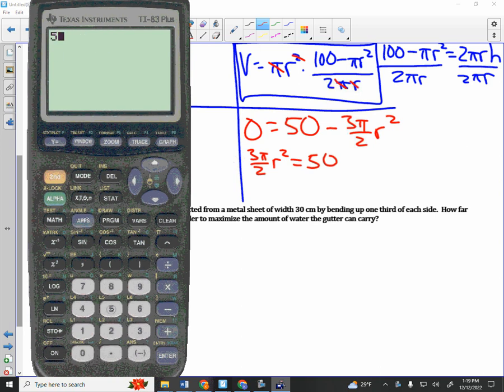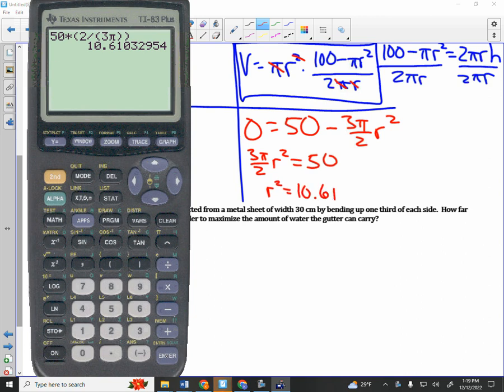Yeah, I'm going to take 50 and I'm going to multiply by the reciprocal. What's the reciprocal of 3 pi over 2? 2 divided by 3 pi. And I'll multiply that by that reciprocal. I get 10.61. Now what? Square root both sides. And I get r is equal to 3.257.